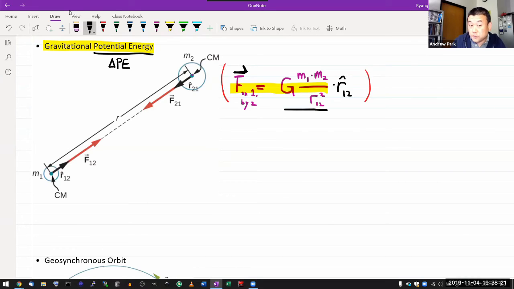The definition for change in potential energy, as you go from A to B, is the amount of work done, and we want to be careful about this: we want this work done by a conservative force. If an applied force is doing work, that doesn't turn into potential energy. And the work that you're doing would be as an object moves from point A to B.